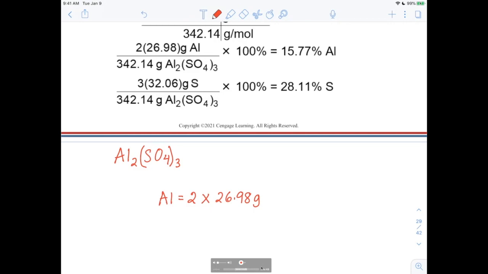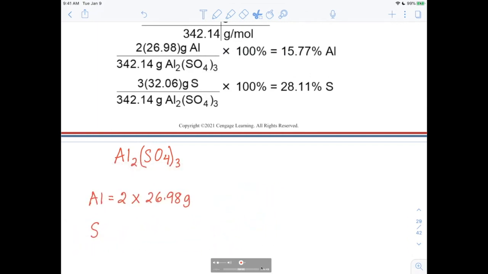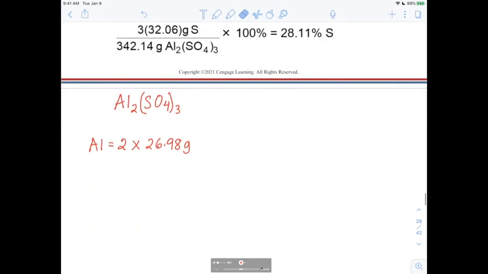We have 2. And then we have sulfur. Let me move this a little left, and then I'm going to write this below. So this is aluminum. And then in the same formula, I have sulfur.